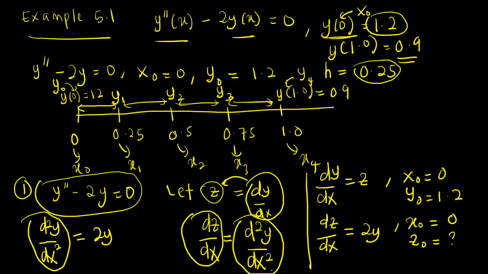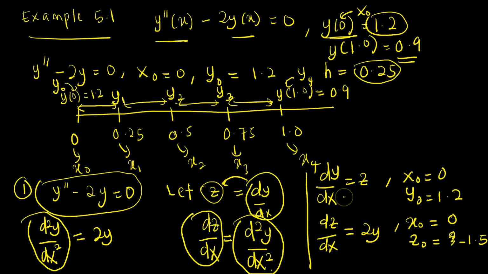And I follow this example. In this example, z naught is chosen to be equal to negative 1.5. You can choose any value, but if it is not the actual z naught, you need to do extrapolation.